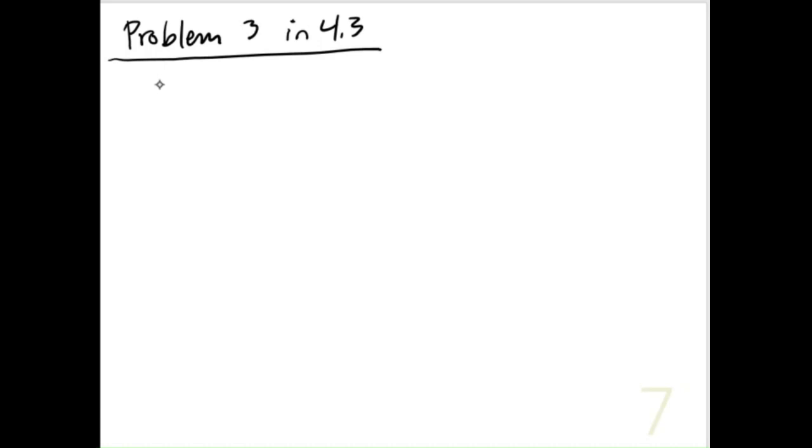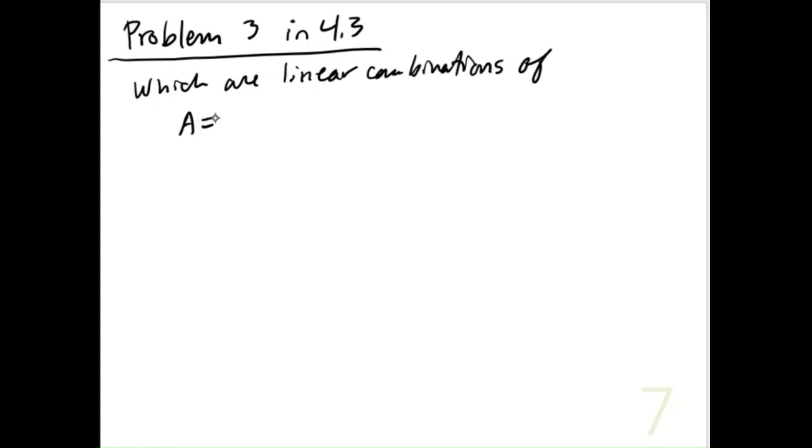So to illustrate this concept, we're going to do problem 3 in 4.3. Let's see, what does this problem say? It says, which of the following are linear combinations of, and then it gives some different matrices. Matrix A equals 4, 0, -2, -2, and then we have B, which is 1, 2, -1, 3.